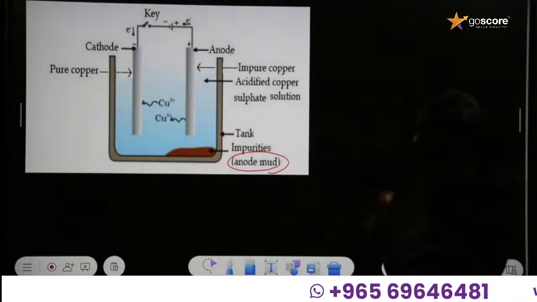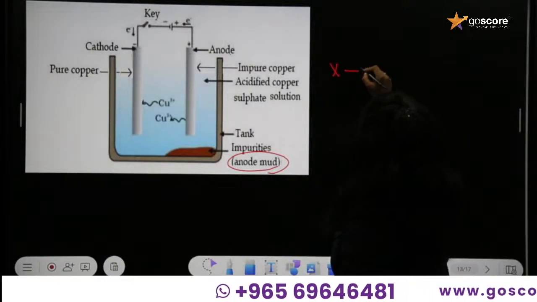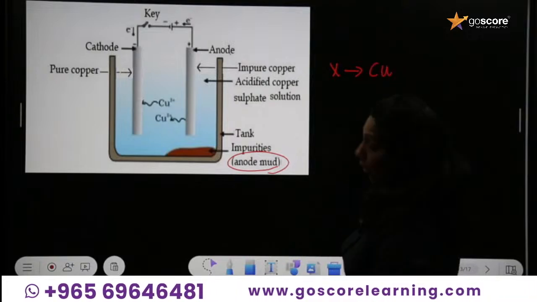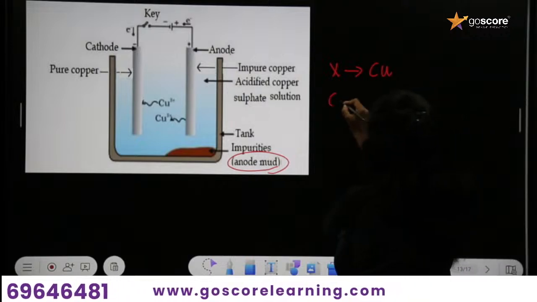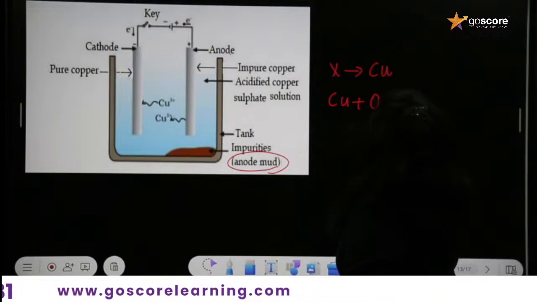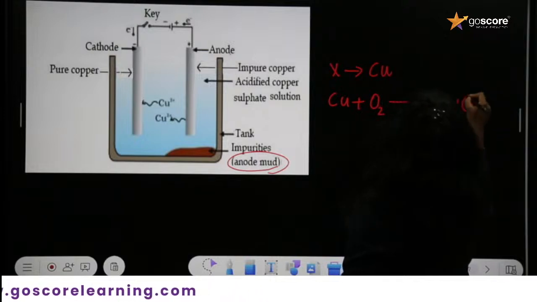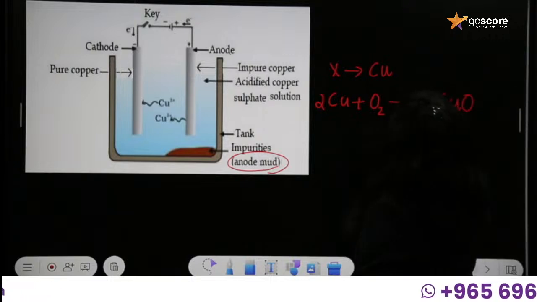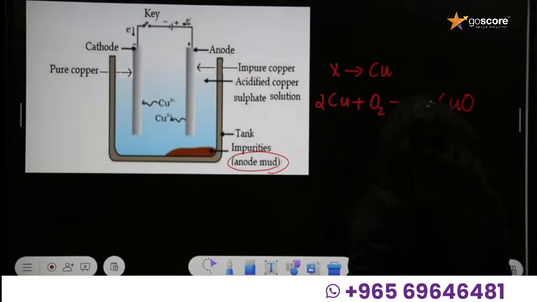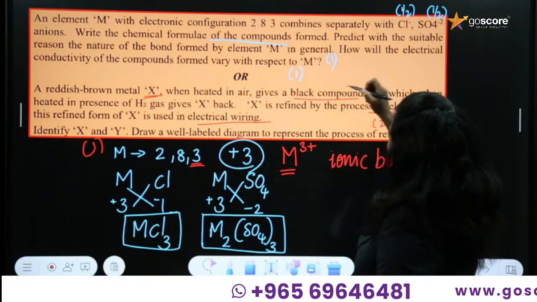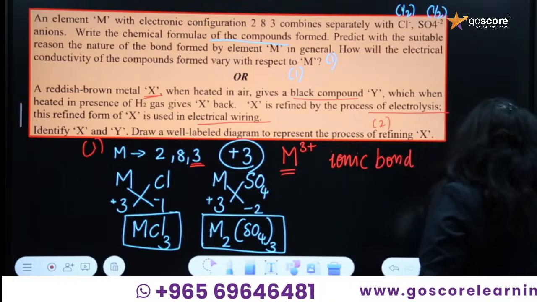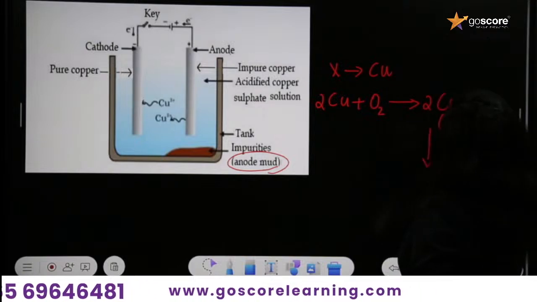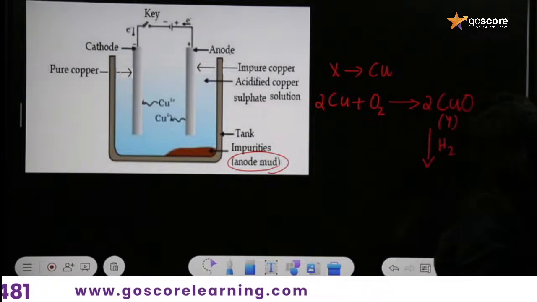Okay, so here X, as it is a reddish brown colored metal, we can say X can be copper. Okay, and when you are heating copper, what are you getting? Copper oxide, right? This is X, and when you heat it in air, it gives a black compound Y. This is your Y, and when you pass excess hydrogen gas over this Y, what will you get?